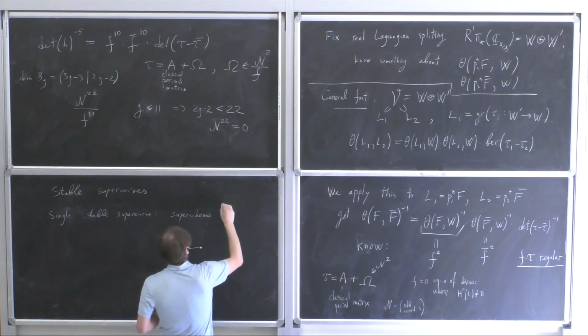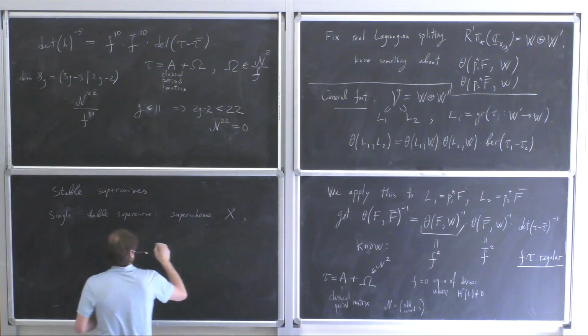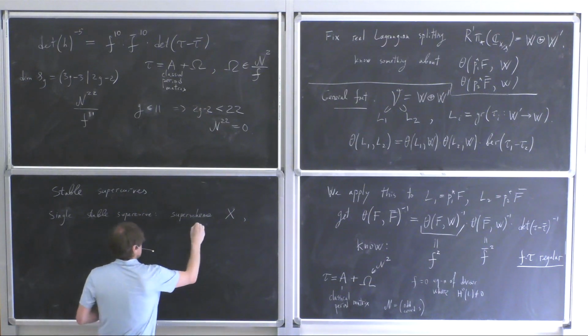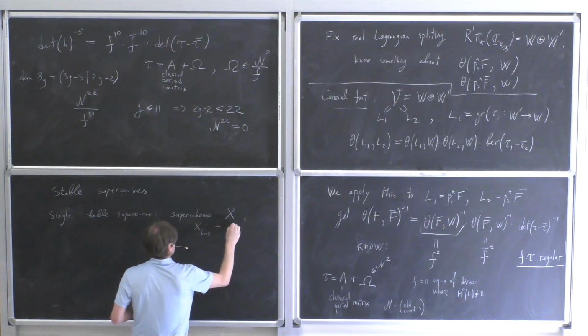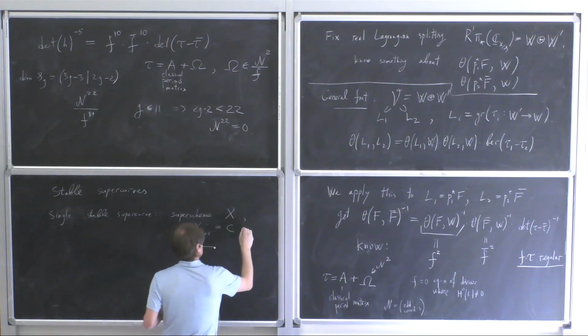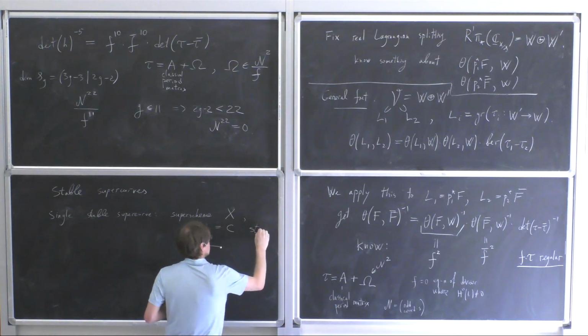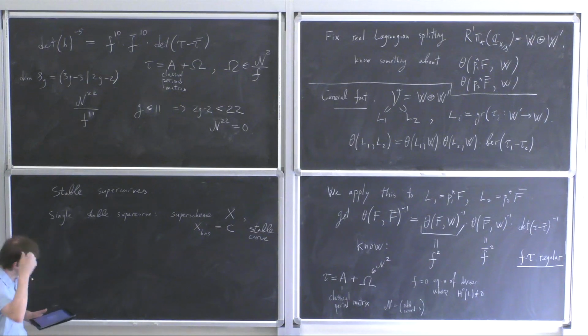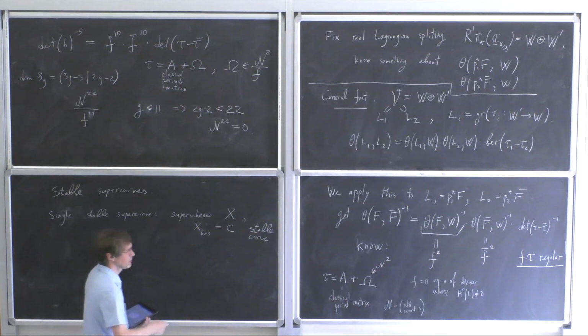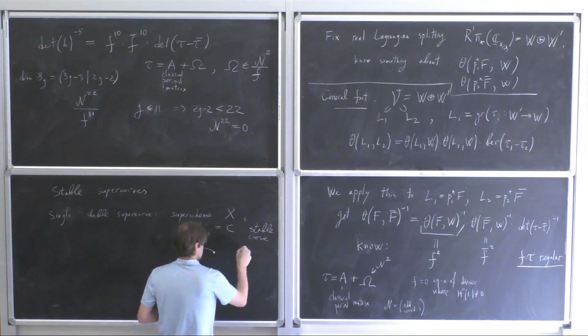The corresponding bosonization is just going to be the usual curve. So if you kill all the odd variables, you get the usual curve C. But C, of course, is allowed to be singular, so it should be a stable curve in the sense of Deligne-Mumford. For now, the full stability is not important for me, just the fact that it has nodal singularities.